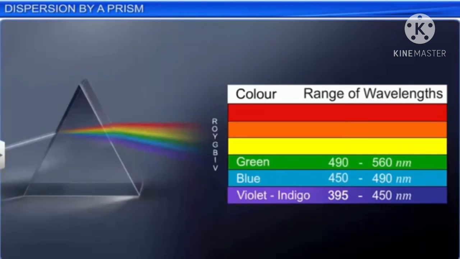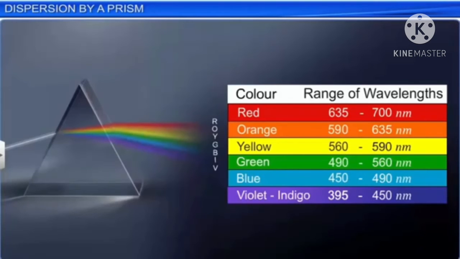If the range is between 560 to 590 nanometer, the color is yellow. If the range is between 590 to 635 nanometer, the color is orange. If the range is between 635 to 700 nanometer, the color is red.